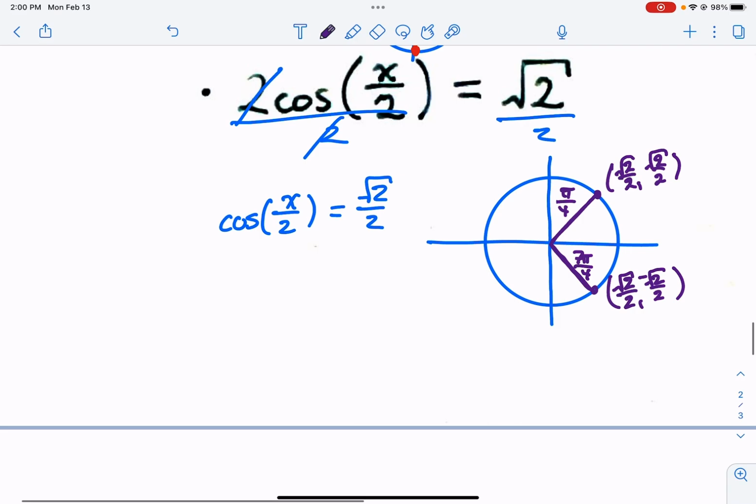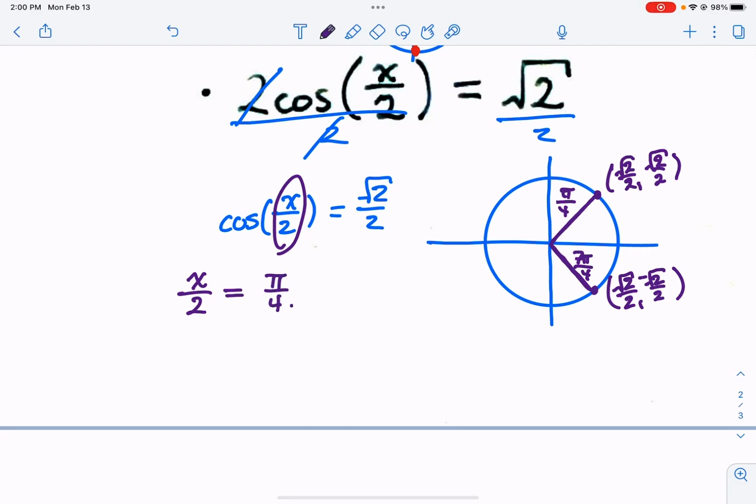So where we go from here is that we want to set x over 2 equal to those two angles and solve for x. So what we would say is x over 2 equals pi over 4 and 7 pi over 4. Well, you might be wondering, why are we doing that?